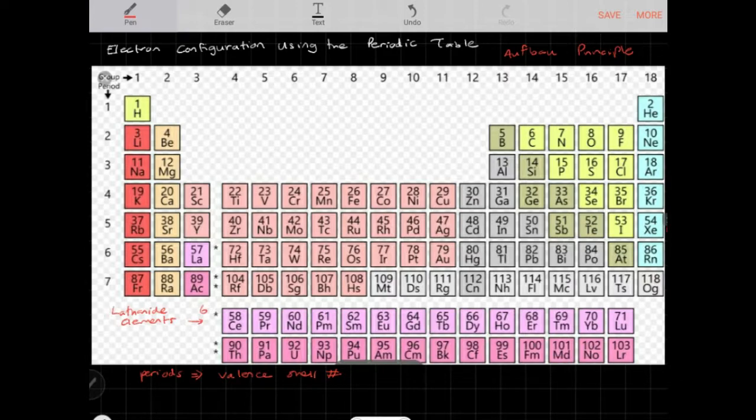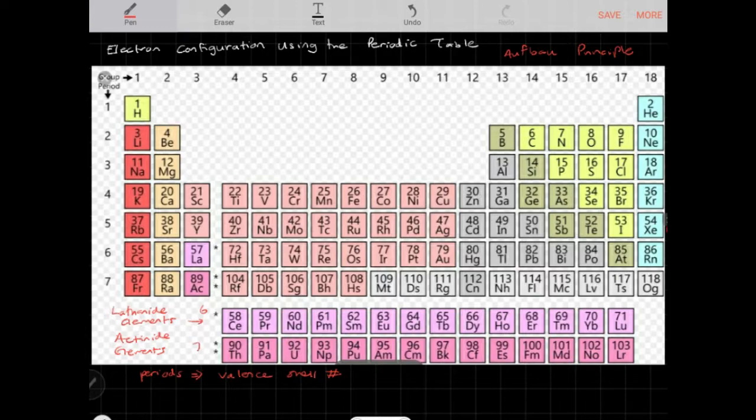If we look at period 7, we have francium, radium, actinium, and these are the actinide elements. It continues from actinium and then thorium, etc., all the way to atomic number 103, and then it continues here. So this is also going to have a valence shell of 7.